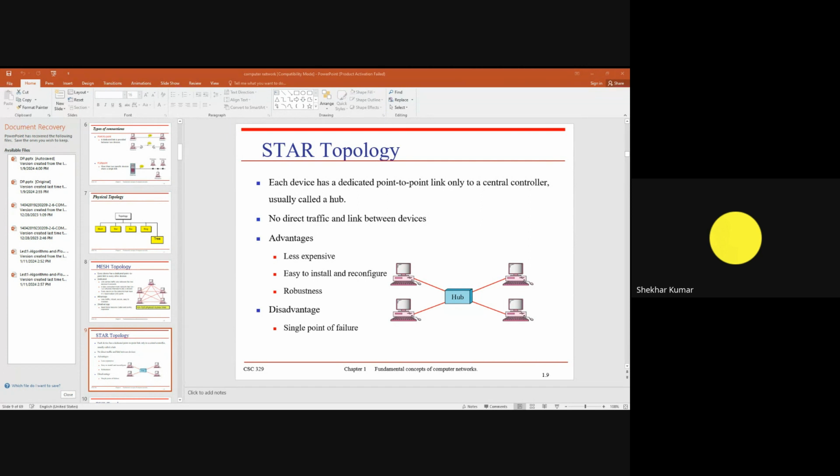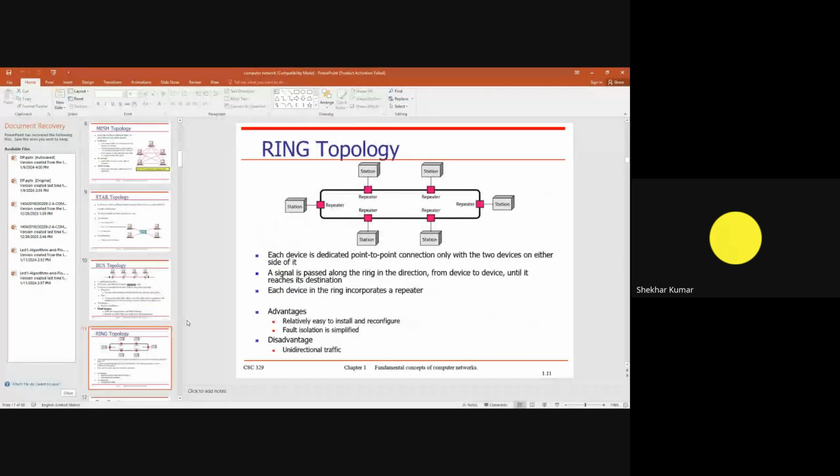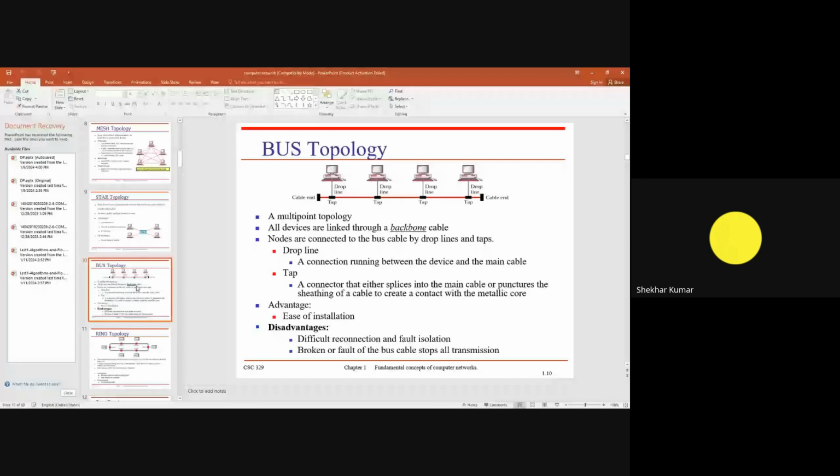And the performance of the complete network is purely based on the capacity of the hub. Because everything is dependent on the hub, if the hub fails, the system will fail. This is the disadvantage of your star topology.